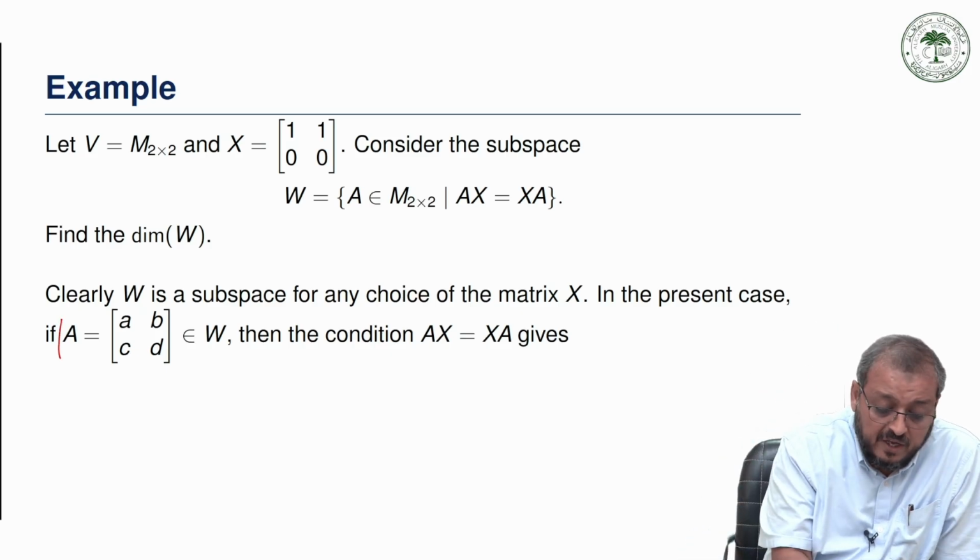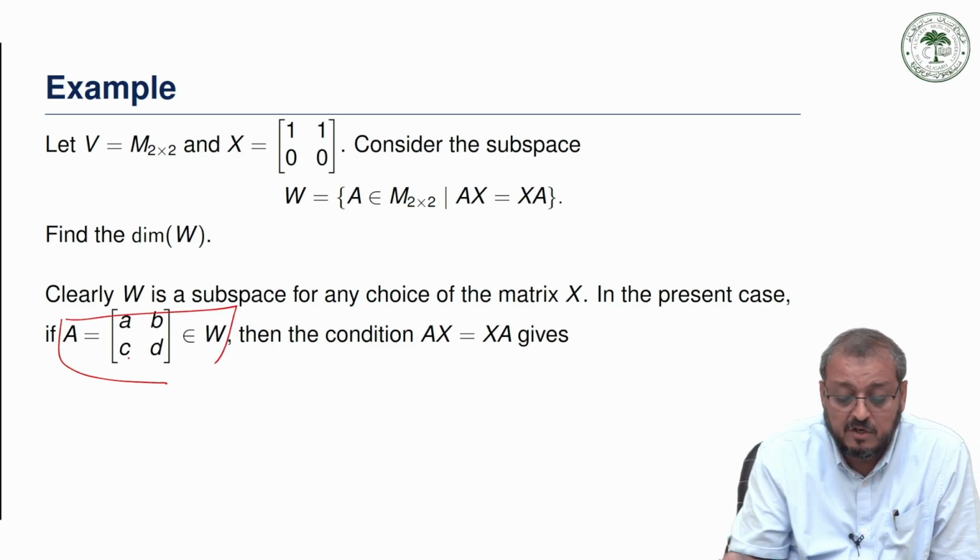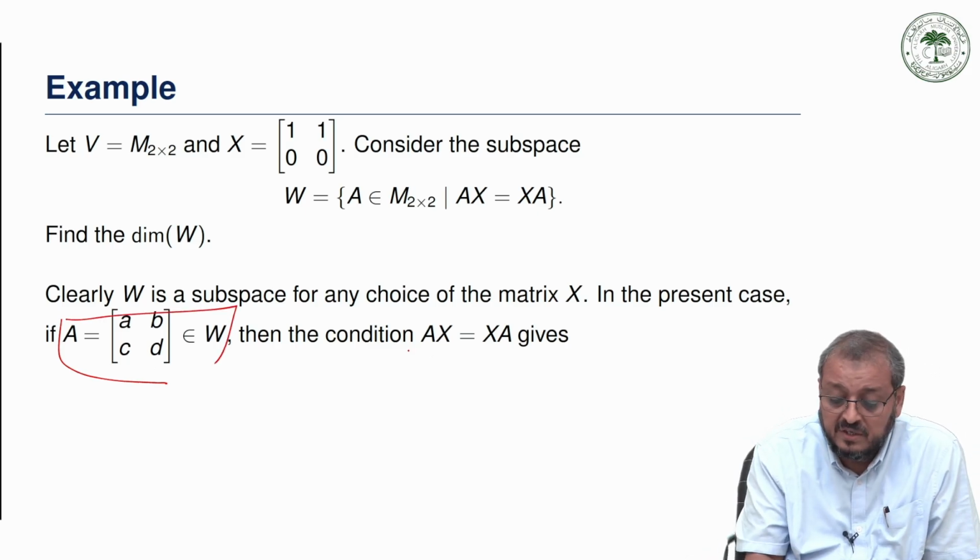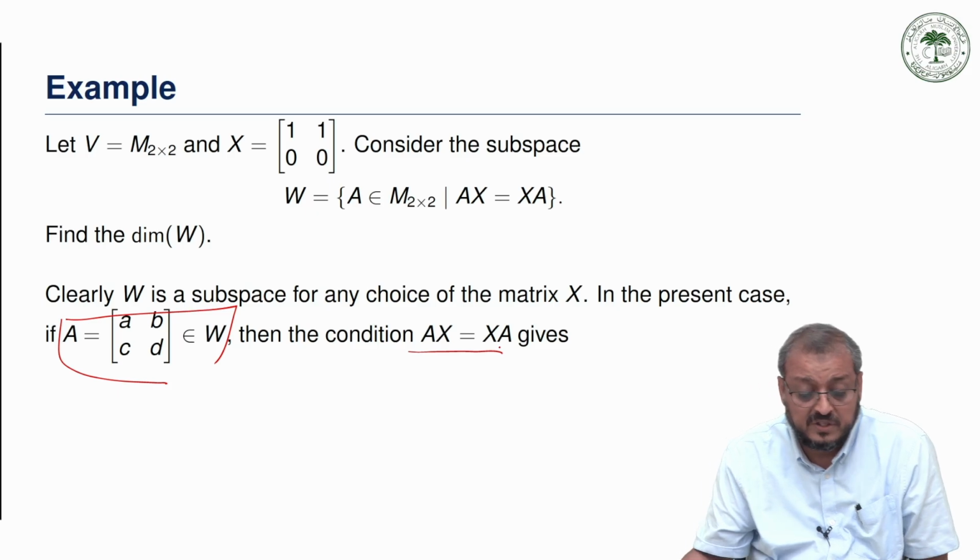So we choose A of this form, an element of W. With the condition AX is equal to XA, this gives the following.